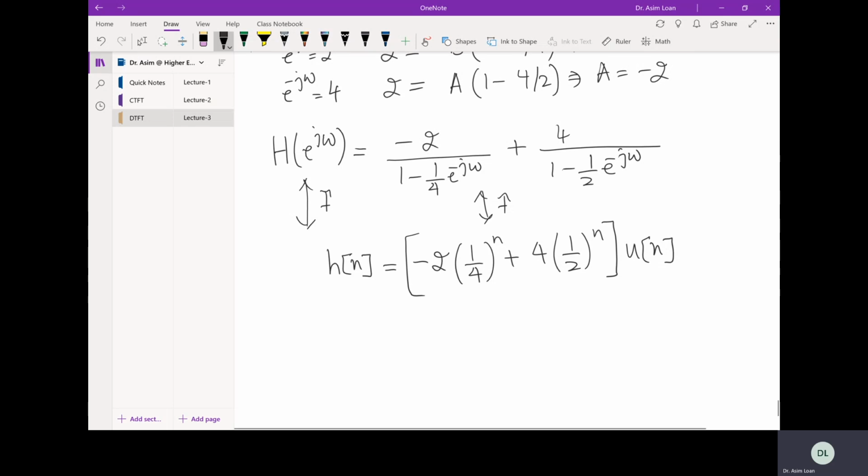Because we know that 1 over 1 minus a e to the minus j omega has as its Fourier transform a to the n u of n, when a is less than 1.